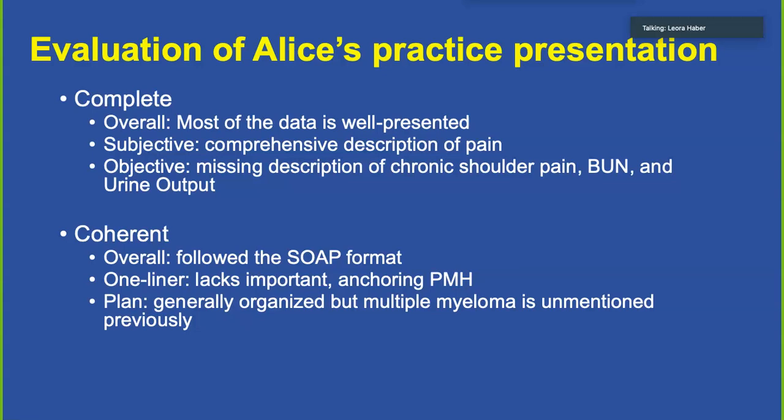So another thing is that the one-liner is a little bit short, and this relates to coherence. Overall, Alice does a good job of following the SOAP format with clearly delineated sections.